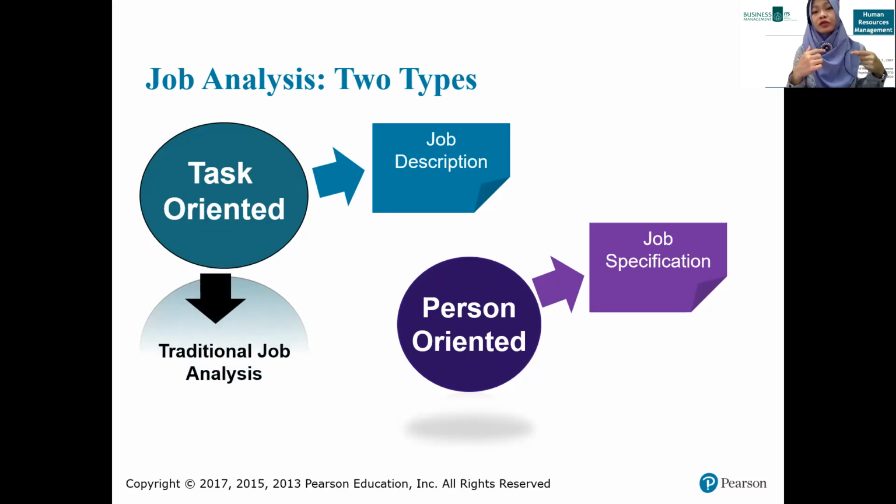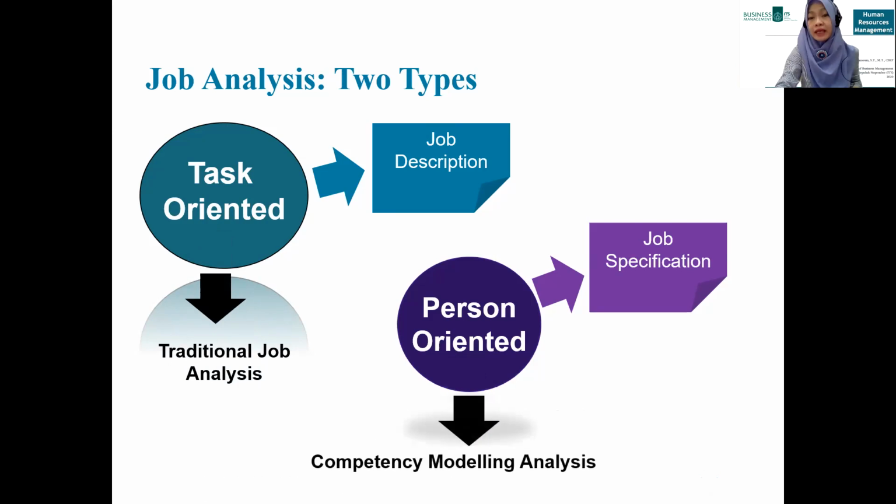If we go back to what we are going to discuss today, competency modeling, I could say that task-oriented is actually about traditional job analysis that focuses more on the job description. But in competency modeling, here we are going to focus more on the person that does the job.